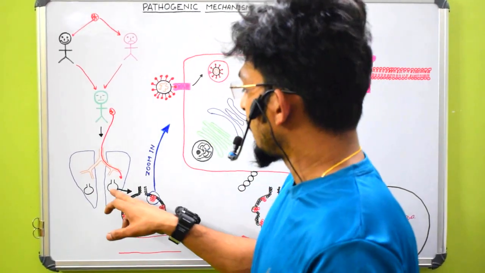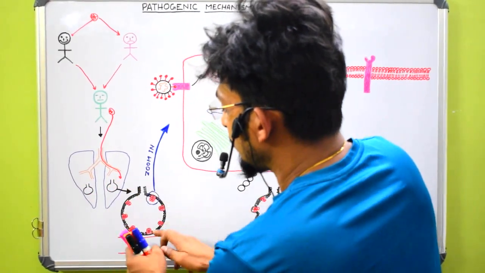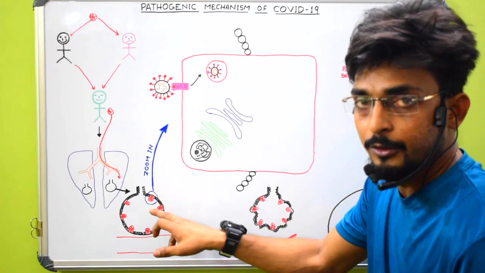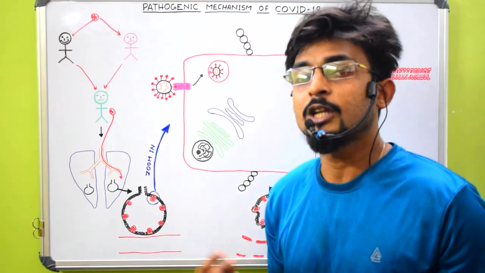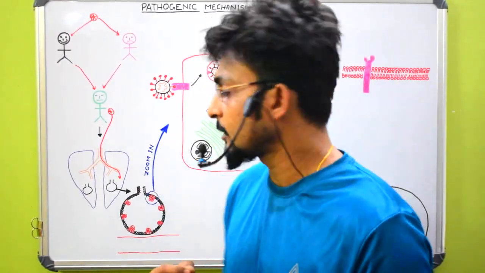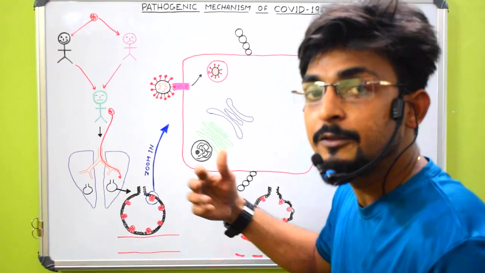I am just zooming in on one alveolus in a bigger way. So this is the alveolus, and it consists of two types of cells: the type 1 pneumocyte cell and the type 2 pneumocyte cell. I have marked the two types of cells in different colors.